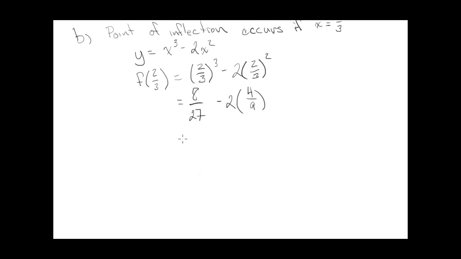Now it's just getting common denominators. So 8/27 minus 8/9. We'll have to get a common denominator of 27, so multiply this by 3.